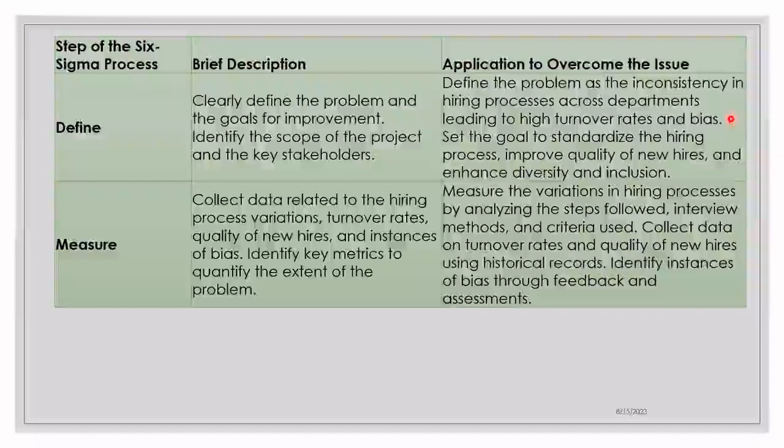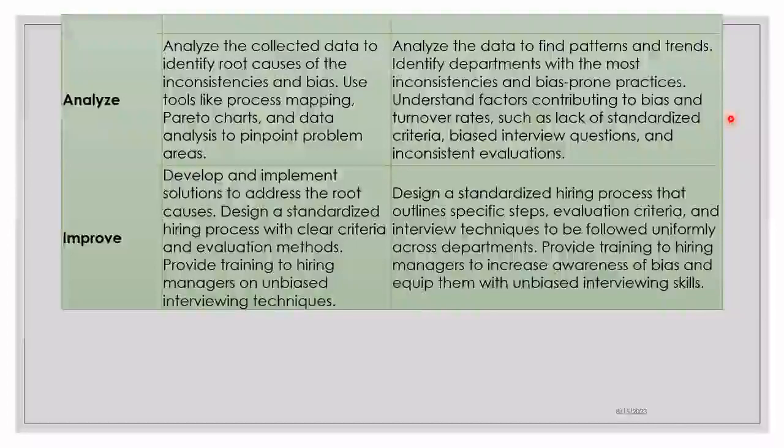Now, what we are going to do is collect the data about the relevant process. Then it should be matched with the given scenario, right? That is the second step. First step is define. Now we have explained the second step, that is measure. Now we are going to discuss the third step, analyze. First of all, we define the problem.